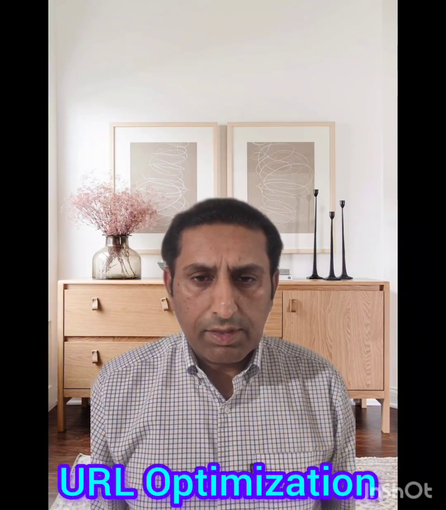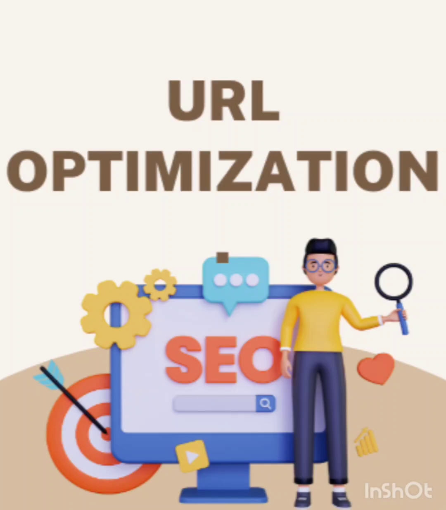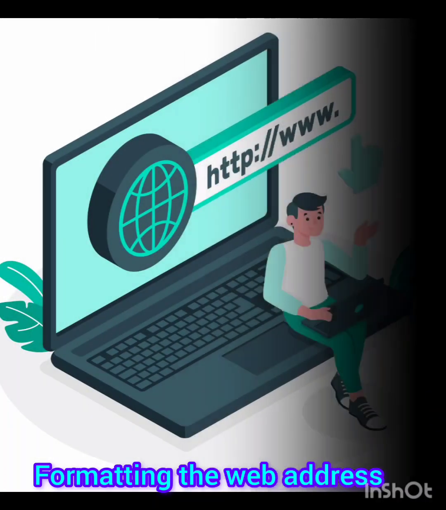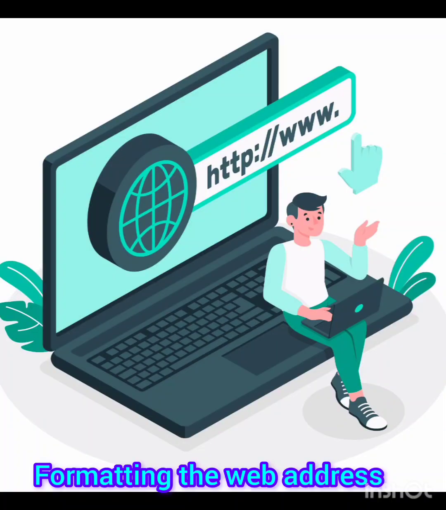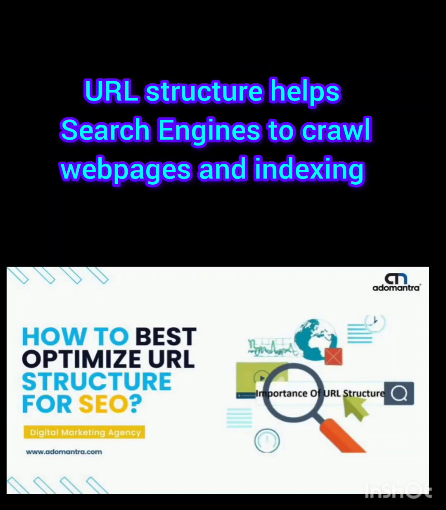URL optimization. URL optimization defines the protocol and tells the browser exactly how to reach a file on the internet. URL optimization focuses on improving the format, structure and clarity of URLs, so they communicate the relevance and improve the crawlability for the search engine.